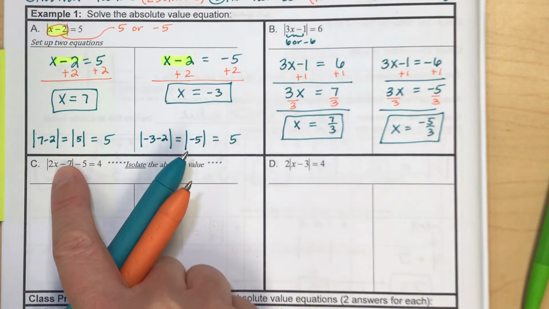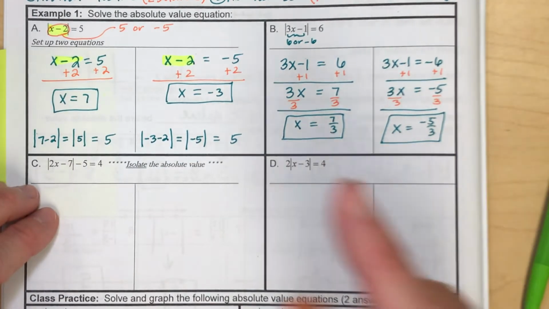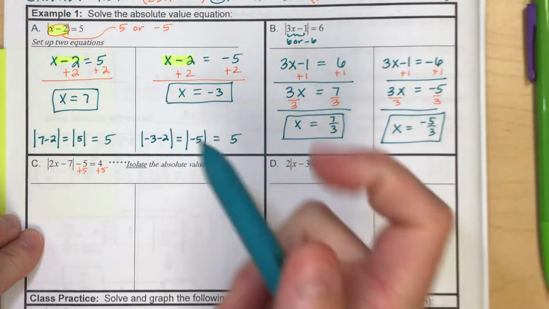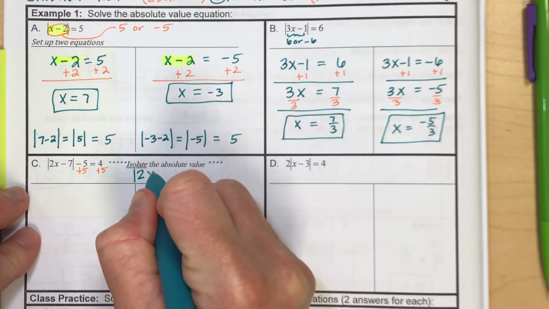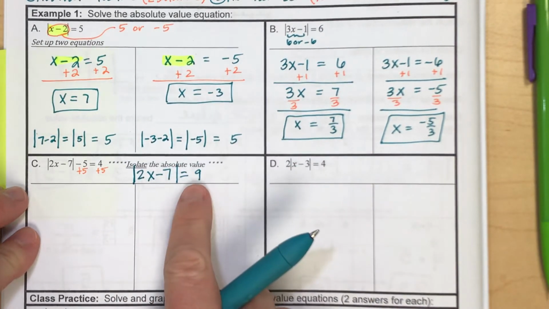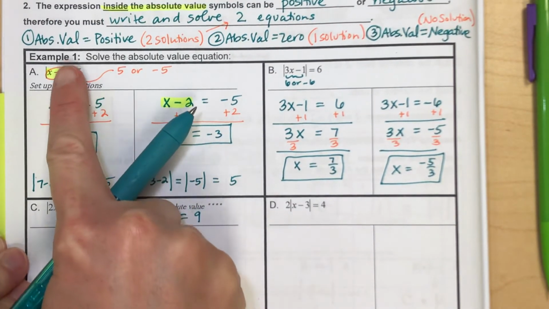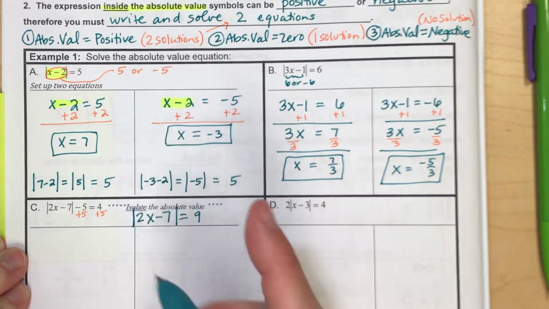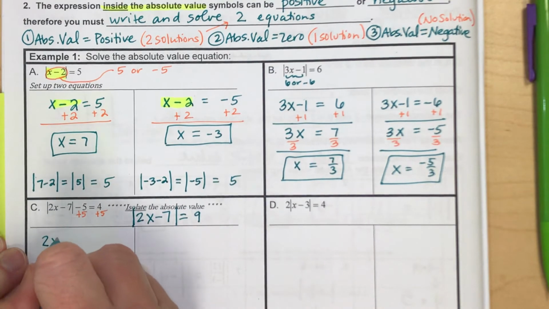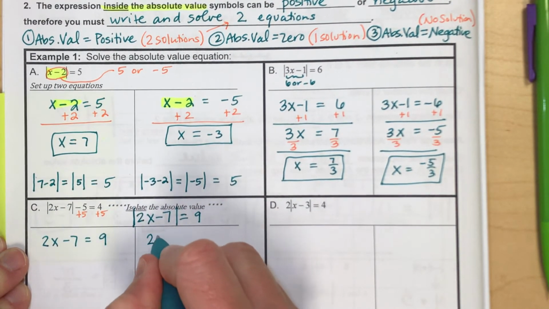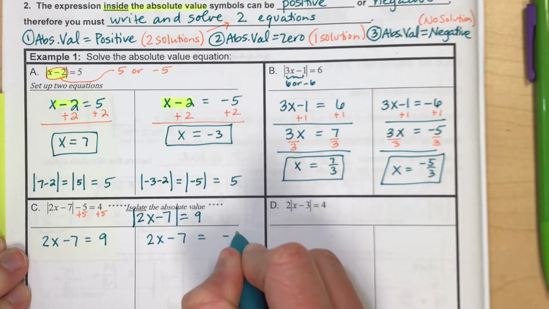So before I set up my two cases, I'm going to add a 5, and I will have an absolute value of 2x minus 7 set equal to the number 9. Now 9 is a positive, so because it's set equal to positive, I'm going to set up two solutions. Two cases. So 2x minus 7 can either be 9 or that 2x minus 7 could have been negative 9.